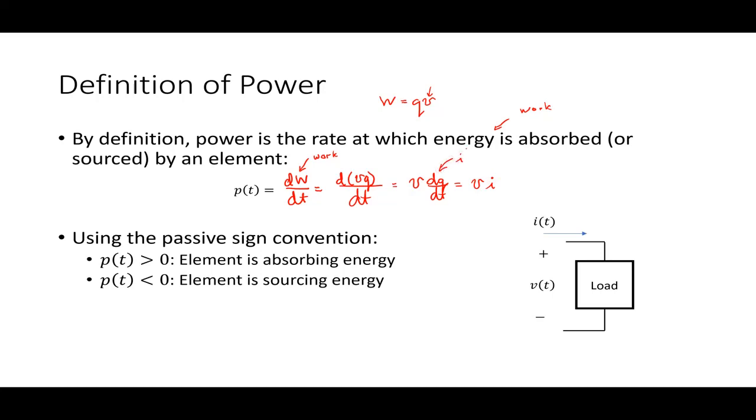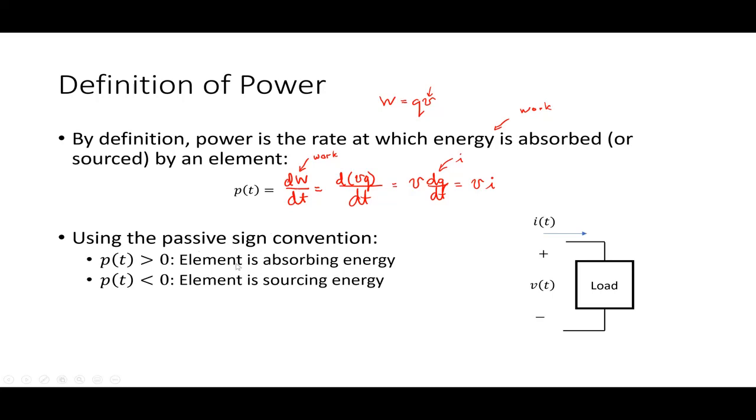So essentially what we learned is that power, which is the rate at which energy is consumed, is equal to voltage times current. If I have a typical element like I have right here, and I'm following the passive sign convention, I have two conditions. Power is the rate at which energy is utilized.